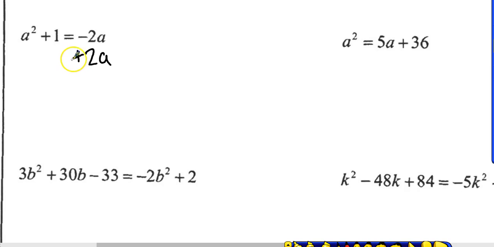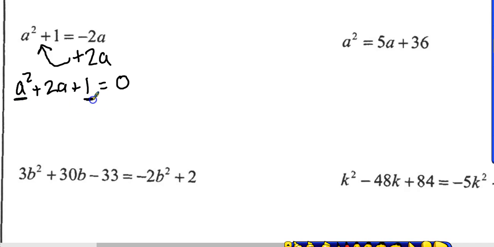So I'm going to take this 2a, add it to the center in between my a squared and my 1, and make it equal 0, because I can now more easily see what my solutions are going to be. Okay, now we got to factor. No GCF, but paying attention, this is a perfect square, yes?